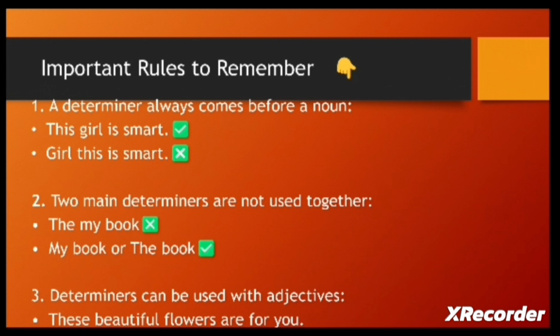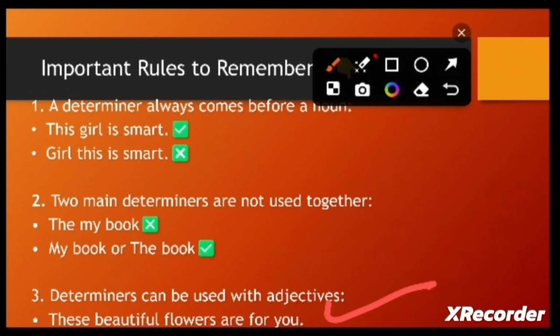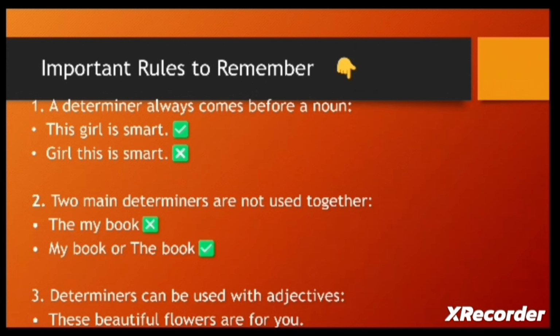We can't use two determiners together. The third rule is determiners can be used with adjectives. Like, these beautiful flowers are for you. So, these is a demonstrative determiner used with beautiful flowers, where beautiful is the adjective.